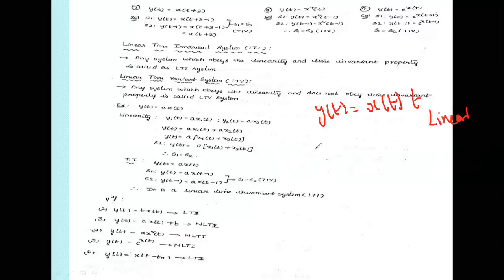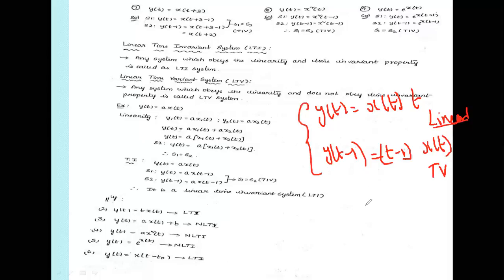But it is not time invariant, because when the entire system is delayed, y of t minus 1 is equal to t minus 1 into x of t minus 1, which is not equal to the delayed input response. This is time variant. So combining the two, it is a linear time variant system.